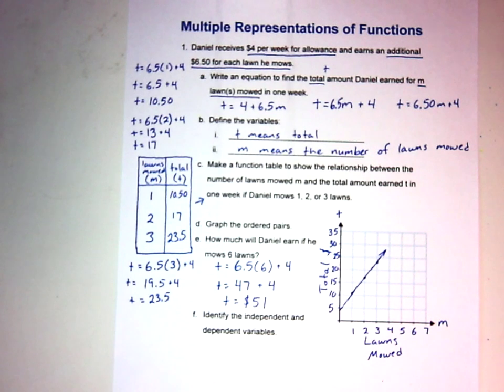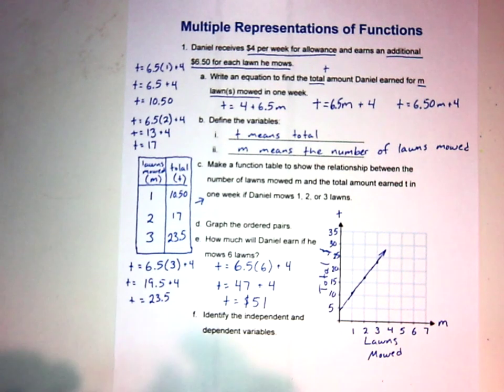Now identify the independent and the dependent variable for this one. We have one variable that depends on the other. Something has to happen, and it's usually our input. Our input represents our independent variable, and our dependent variable is the output.